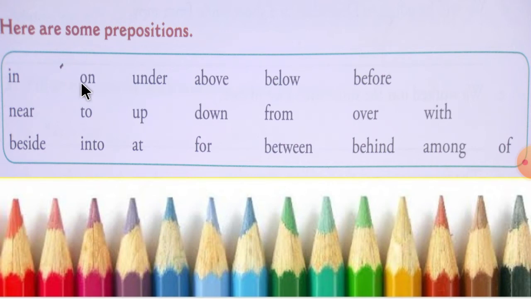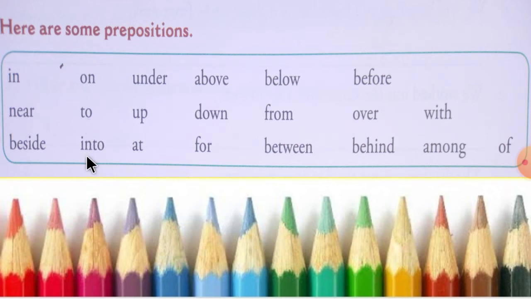Then next is O, N, on. Then next is T, O, to.